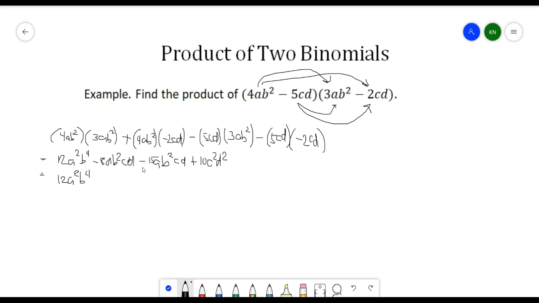So negative 8 minus 15, that is negative 23, copying the terms that they have. So we have ab squared cd plus this one, just copy this one. So we have 10c squared d squared. So now this is already our final answer.